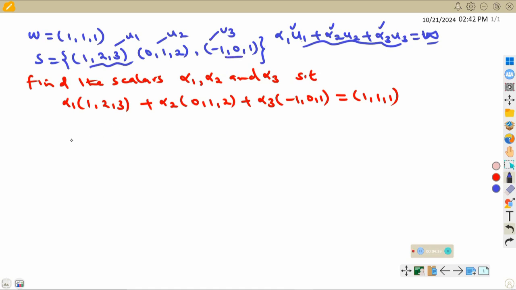So let us look at how best we can obtain alpha 1, alpha 2, and alpha 3.